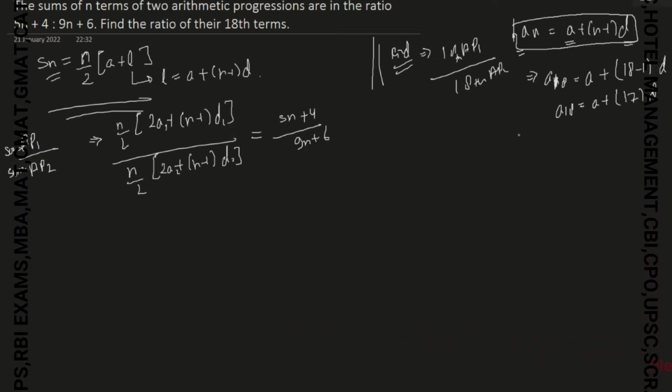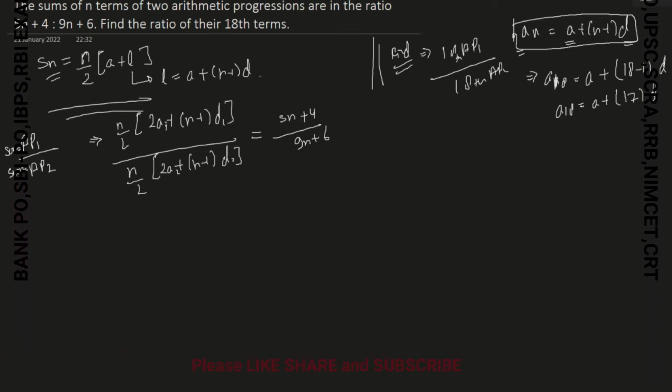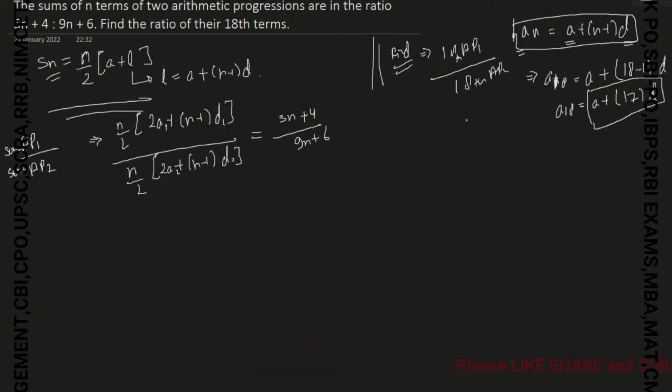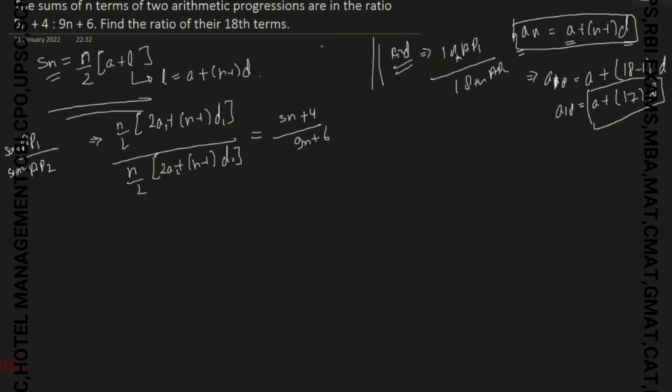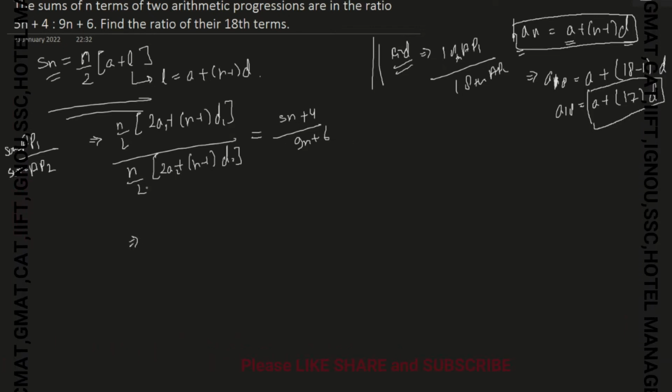As the question is asking for the 18th term ratio, we have to take what is given and reduce it to this form so that we can get the ratio of the 18th terms.